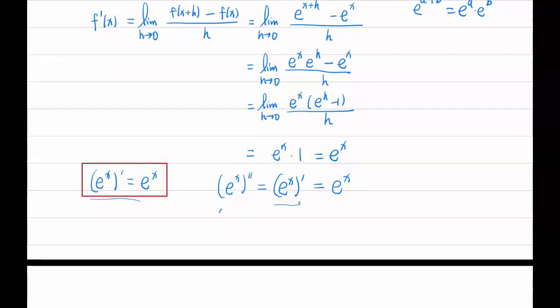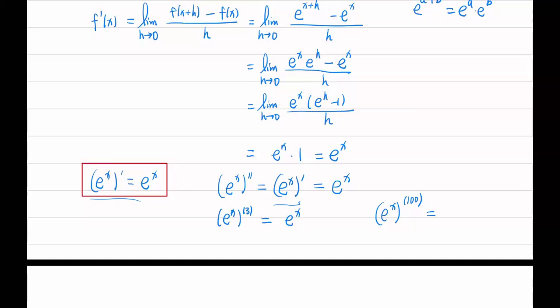I go one step further. Sophia, third derivative. e to the x. Again, e to the x. Now go a little bit harder. Elisa, 100th derivative.